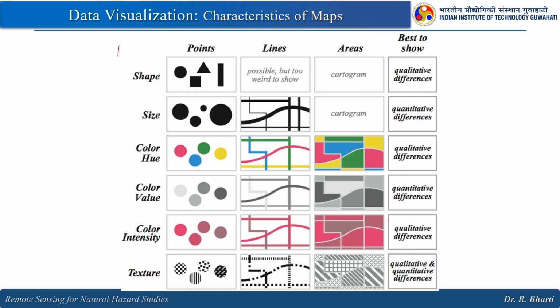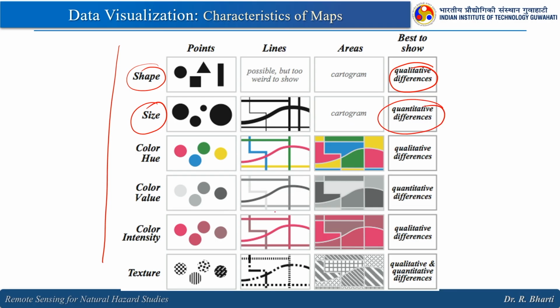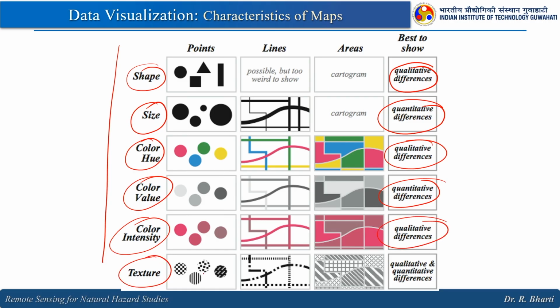Here is a concise table which says if you have shape, you can use the qualitative differences. If you have size, you can go for the quantitative differences. Color hue, qualitative. Color value, quantitative. Color intensity, qualitative. Texture is qualitative and quantitative.